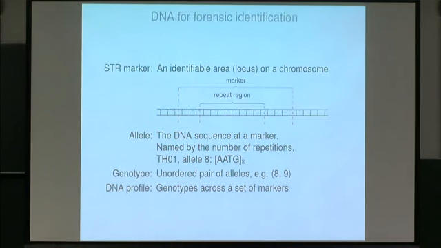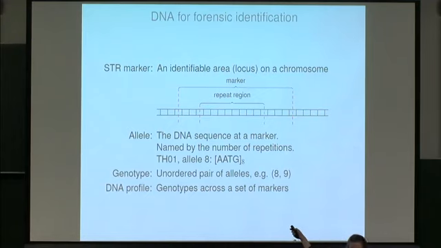Right. So just very briefly, what we're looking at, DNA profiles using STR markers. A marker is just some place on the chromosome that we can actually identify, and the allele is the actual sequence that is found at that marker. The STR markers are chosen a particular way. We all have the same at the ends here.